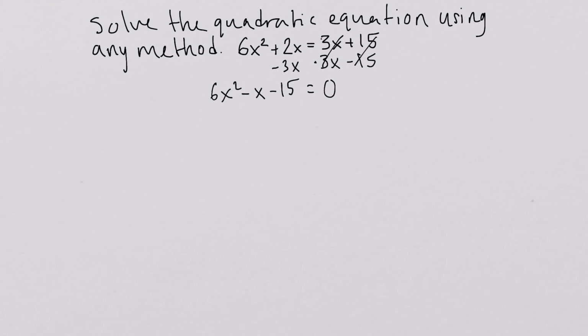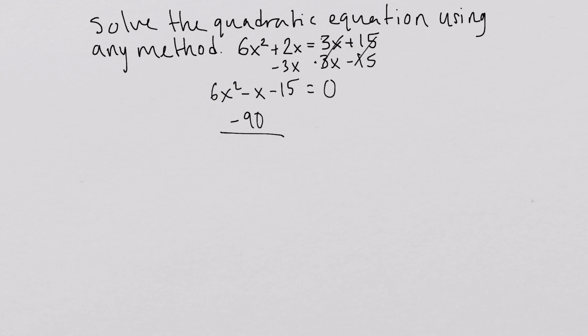Okay. Now we're going to try to see what the best method is. I'm eliminating completing the square right away because the first term is not a perfect square. The second term is not an even number, which is what we like. So no completing the square here. Let's try factoring. If factoring doesn't work, then we'll go to quadratic formula. Okay. So 6 times negative 15 makes negative 90.